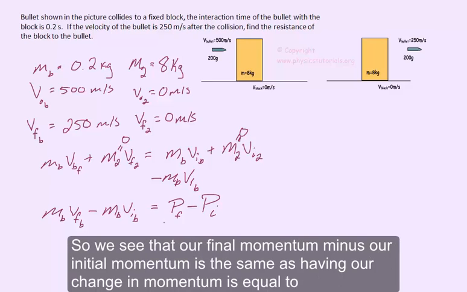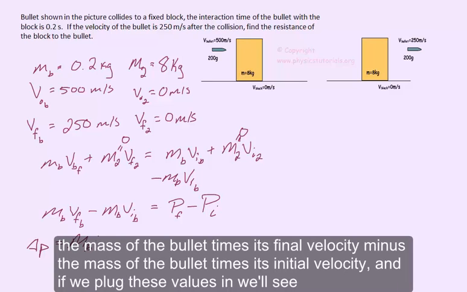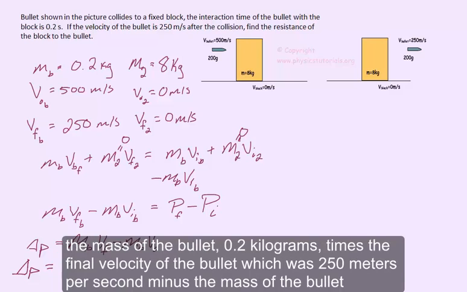So we see that our final momentum minus our initial momentum, which is our change in momentum, is equal to the mass of the bullet times its final velocity minus the mass of the bullet times its initial velocity.